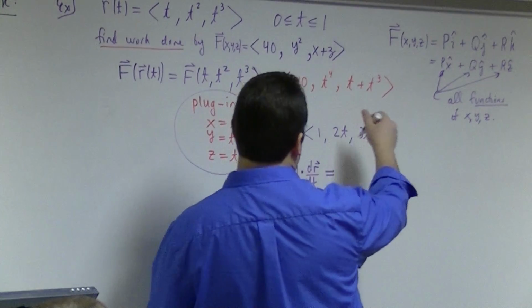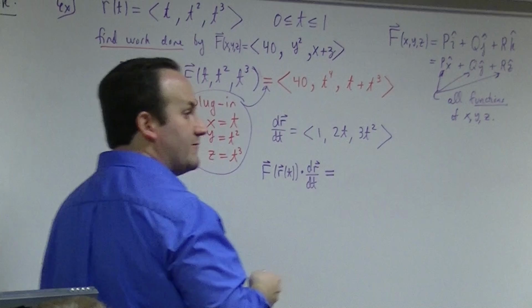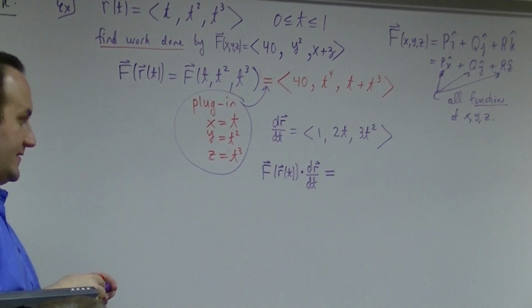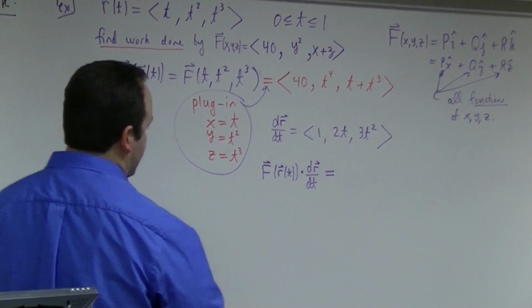Just look above. You've got both of those vectors here. We can take the dot product, and I don't need to write it out again. We can just do the dot product in our head. I hope you can forgive me.